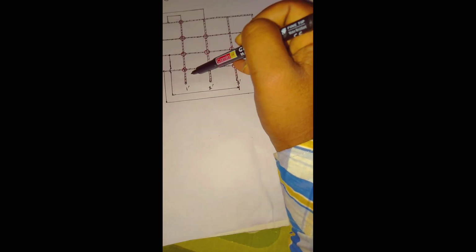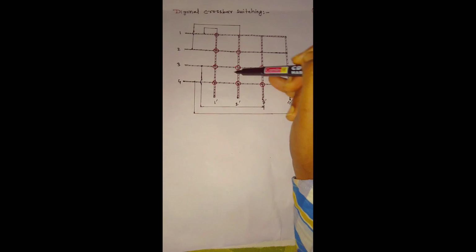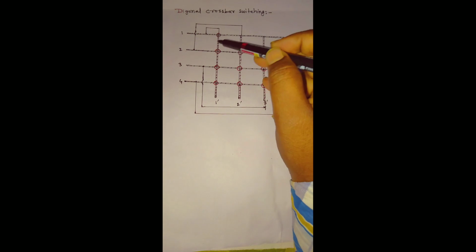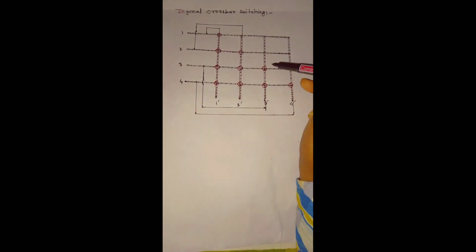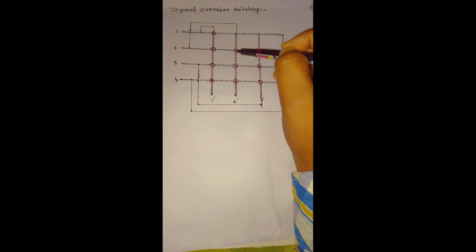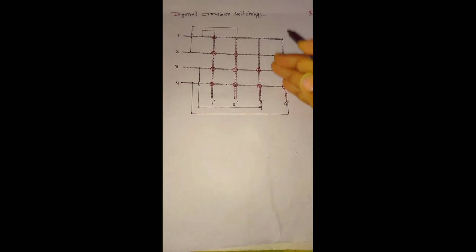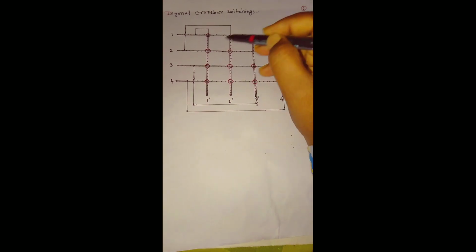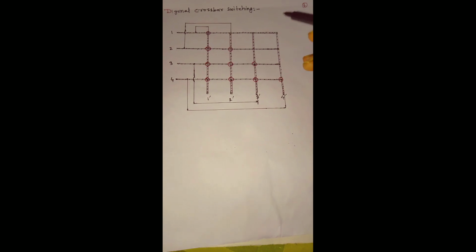So basically, whatever assumption we have used earlier, that means if we connect 1 prime to 1, 2 prime to 2, 3 prime to 3, 4 prime to 4, in this case we just require this lower diagonal or even upper diagonal of cross points. Not necessarily all the 16 cross points are in use. So if we use these lower cross points, we need n into n minus 1 upon 2 number of cross points.